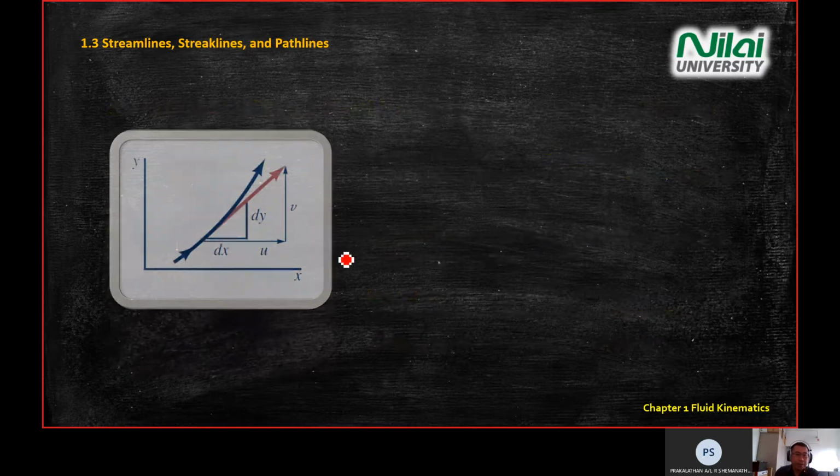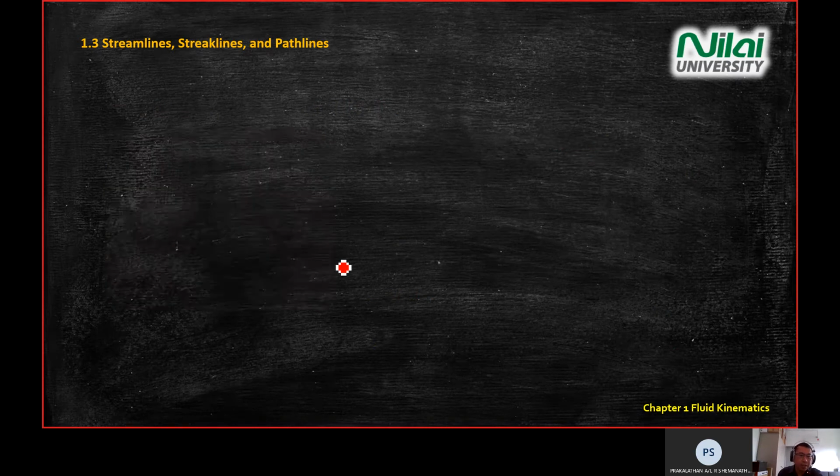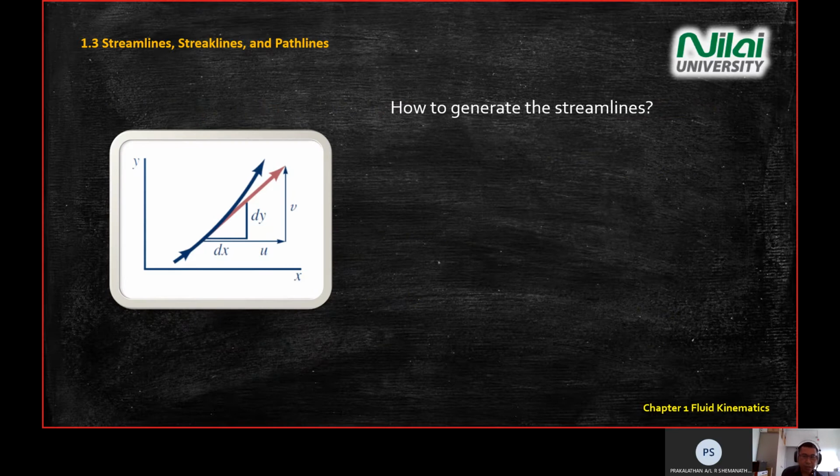Okay. Now the second one. Before we go to the streakline and pathline, how do we generate a streamline? There is a standard procedure already. We look at an individual point here.